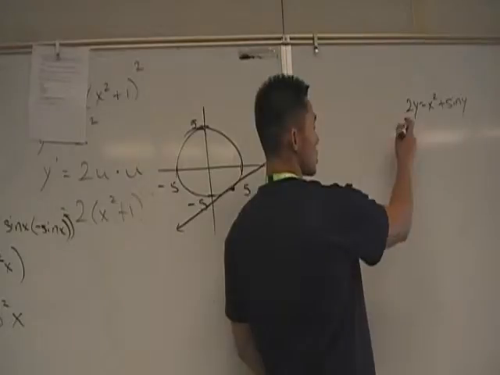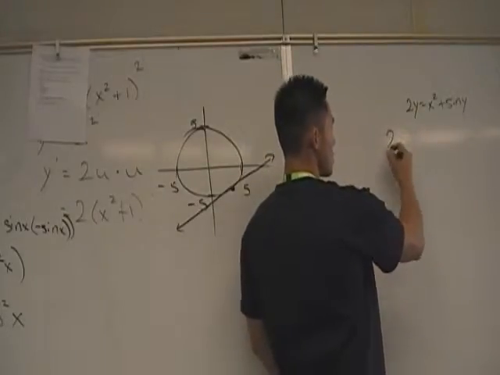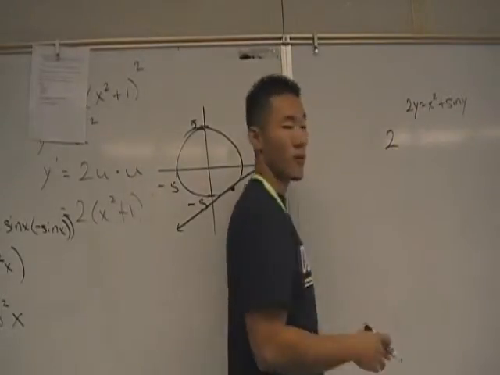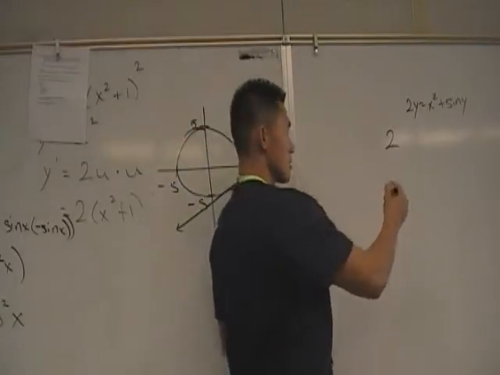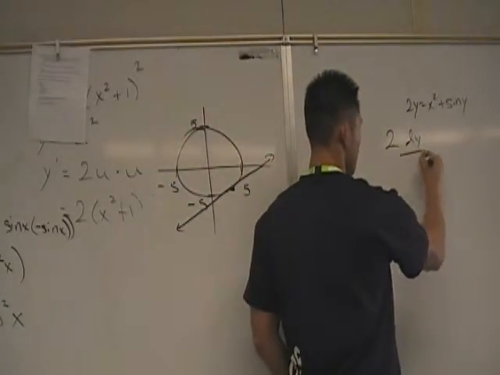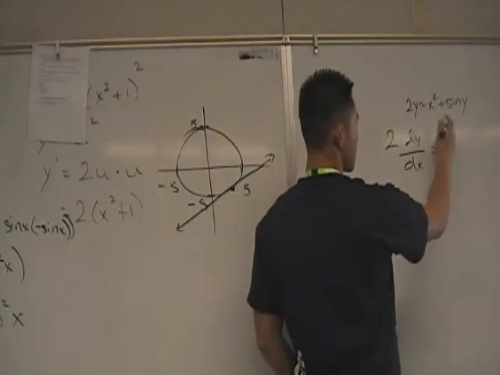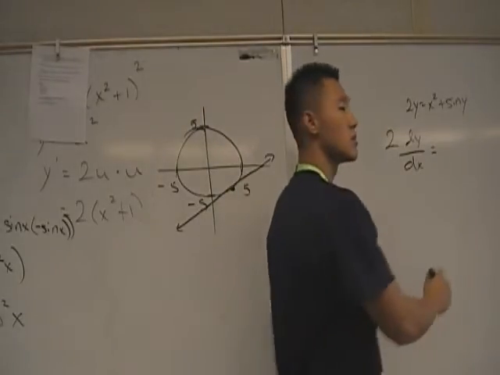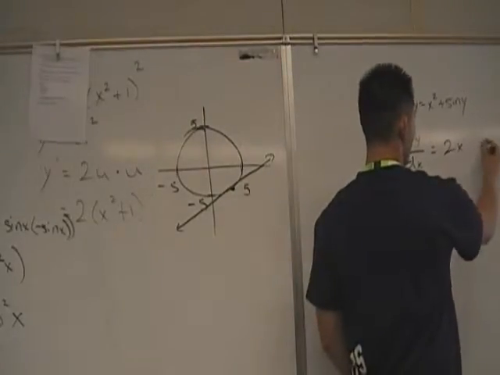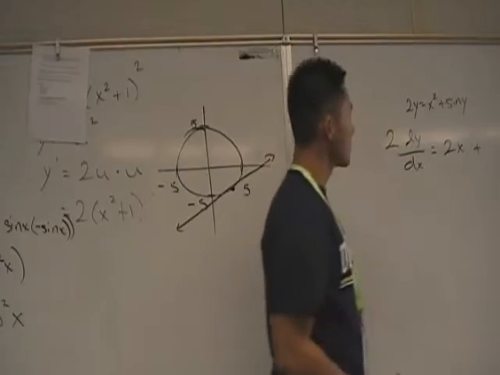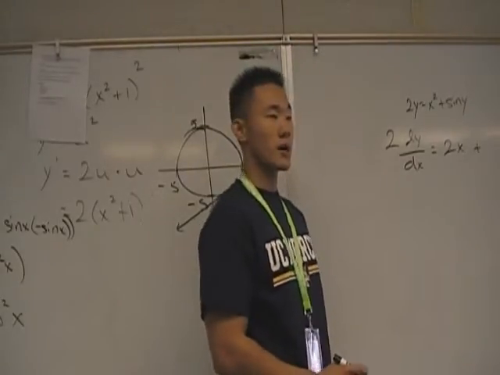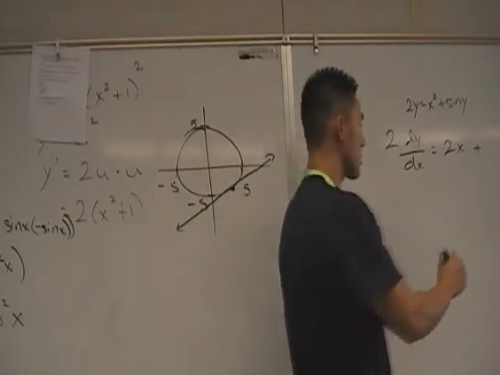So derivative of 2y is 2, but since we took the derivative of y, you need to write dy/dx. This is equal to the derivative of x squared, which is 2x. Derivative of sine y is cosine y.